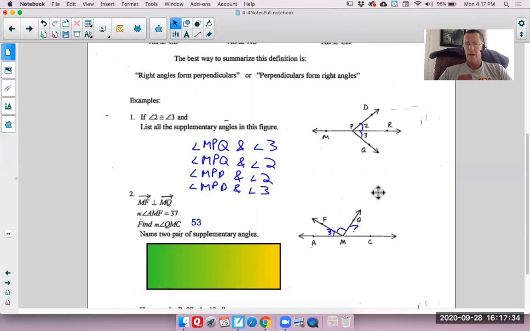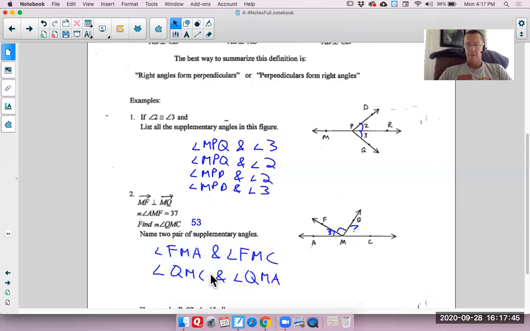And then it says name 2 pairs of supplementary angles. There's actually more than that. Hopefully you can see how that would be. But one way would be angle FMA and FMC, QMC and QMA.